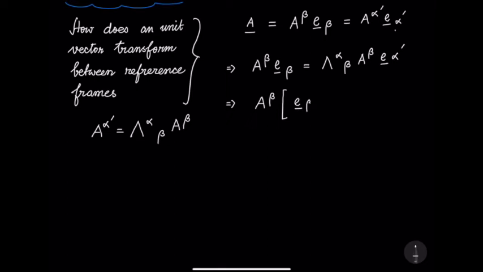So they write them in shorthand like this. Which essentially means that A beta is multiplied with both the left and the right hand side.